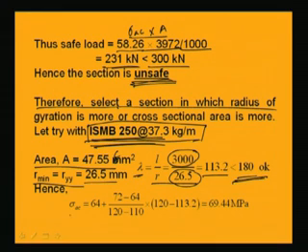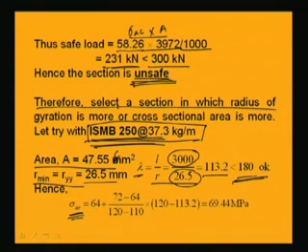Now, what we will do? Now, we will find out the value of sigma SE, the allowable compressive stress in compression member. The value is given for 110 as 64 and for 120 as 72.